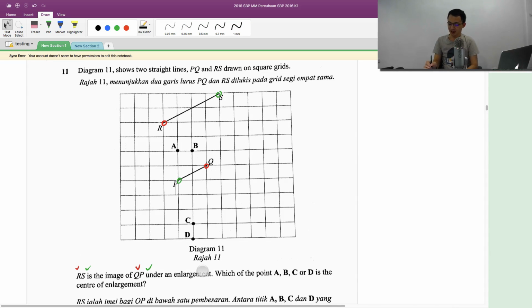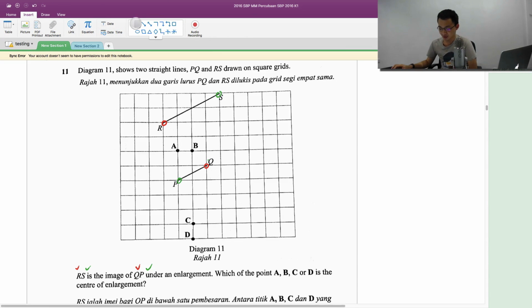Alright, so under enlargement, we know ABCD are the candidate centers. So we know for the center point, you can always connect the point to the point. So what I did was I tried to connect this point to this point, and then you should get D. Let me use the app here.